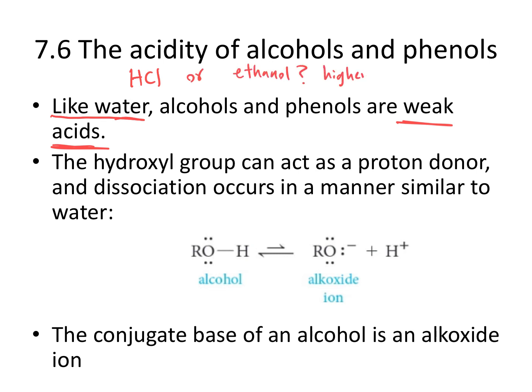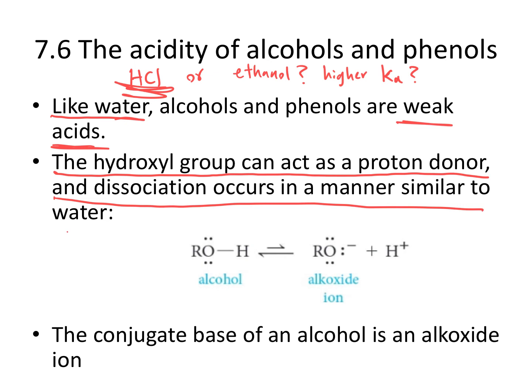I'm asking which one has higher Ka. Exactly. HCl, right? So are we good with Ka, pKa, which one is stronger? Okay. And the hydroxyl group can act as a proton donor, and dissociation occurs in a manner similar to water. As I said, we can consider alcohols to be acids, but they are weak acids.